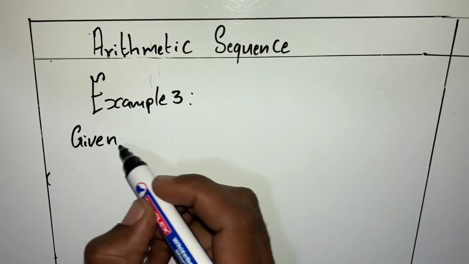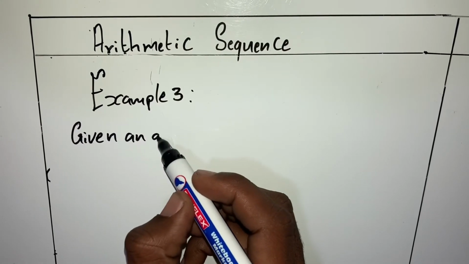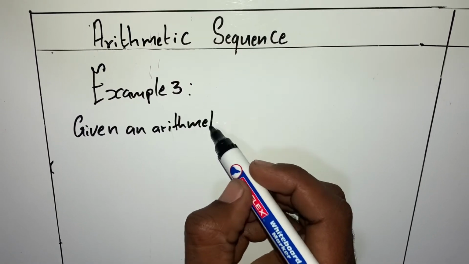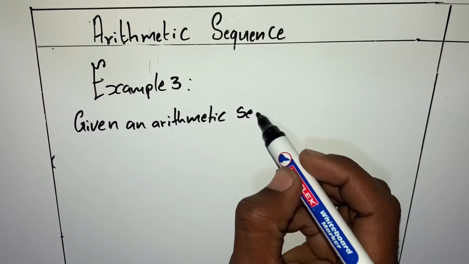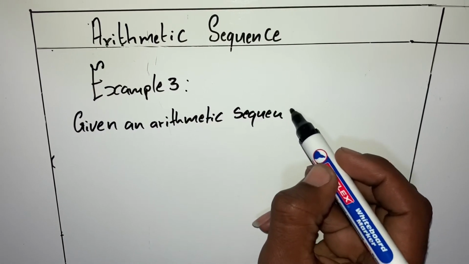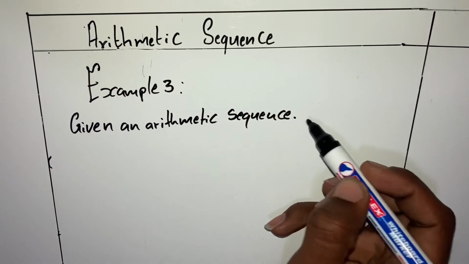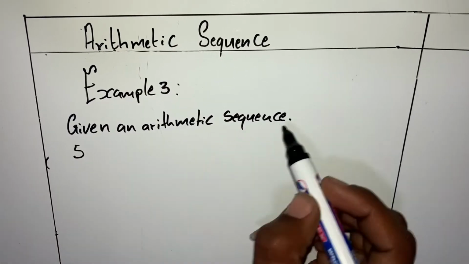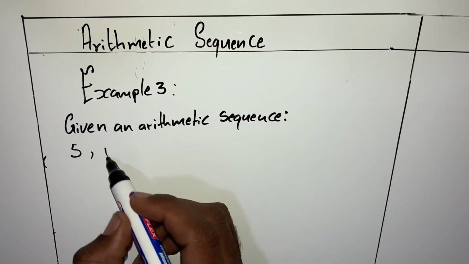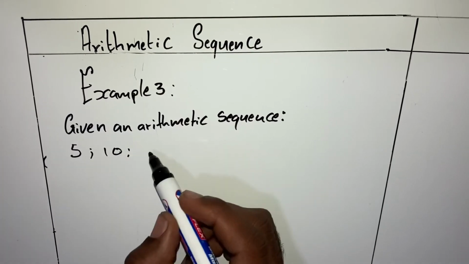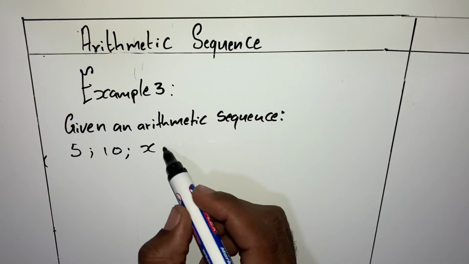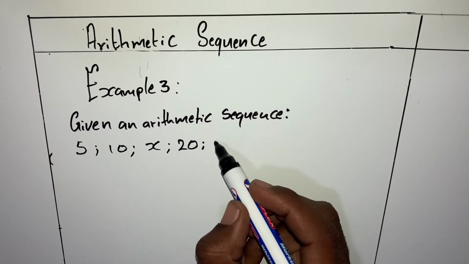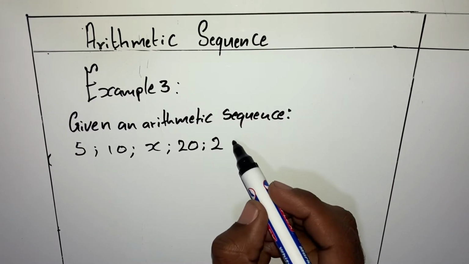Given an arithmetic sequence 5, 10, x, 20, 25.